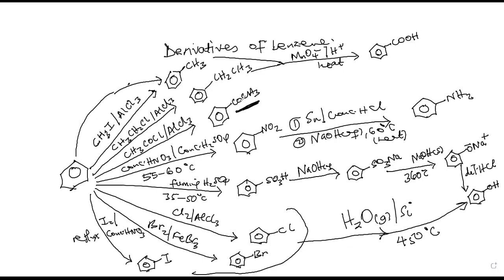The ones which are included here, we are going to name them directly from here. For example, this is what we call methyl benzene, the IUPAC name. I'm giving the IUPAC names. This is methyl benzene. This is ethyl benzene.